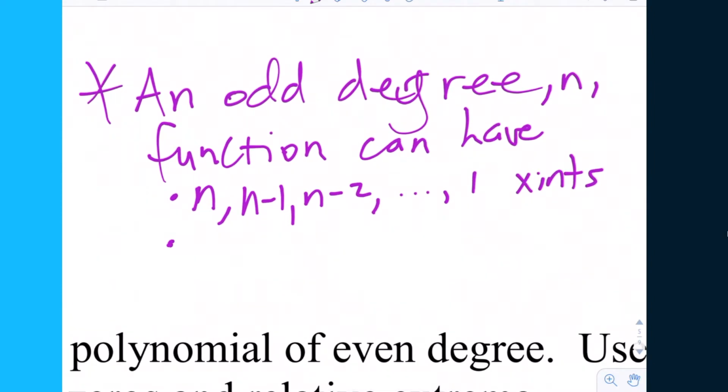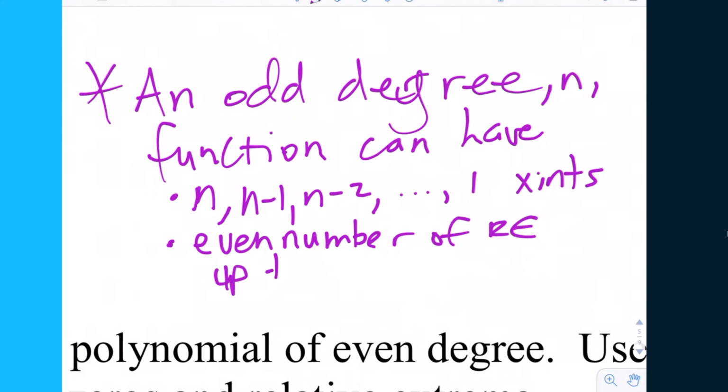And then what about the local extrema? It can have any even number of relative extrema up to n minus 1. So an 11th degree polynomial can have what combination of local extrema?